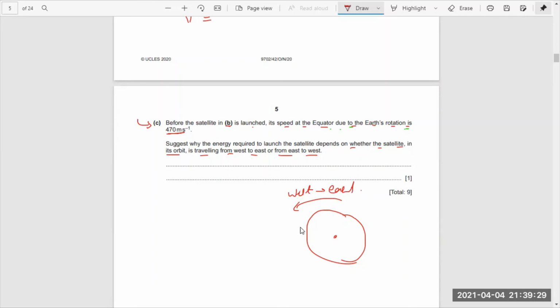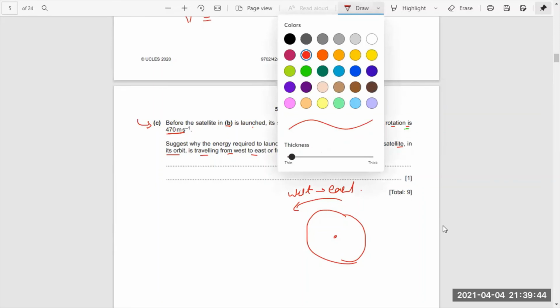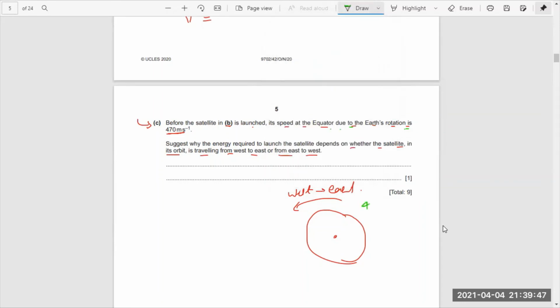If we know the rotation of the Earth is from west to east, then we can have an idea that if the launched satellite also has to continue its movement in the same direction, from west to east, then the energy required to launch the satellite would be lesser. That's why for this point we need to understand some very important information about the rotation of the Earth.